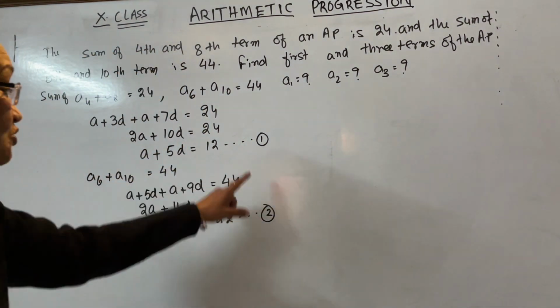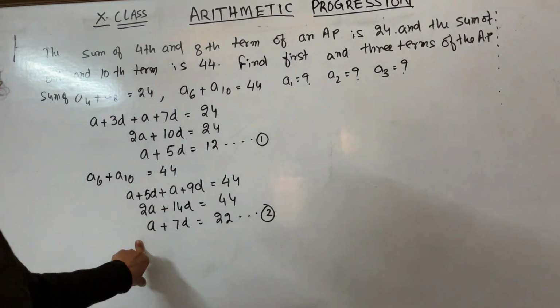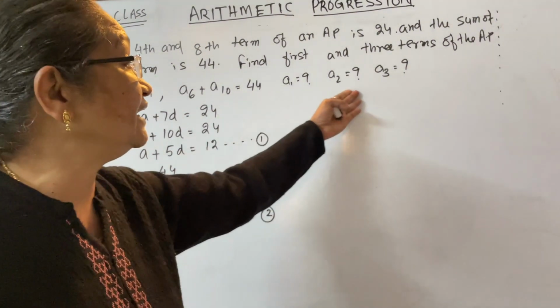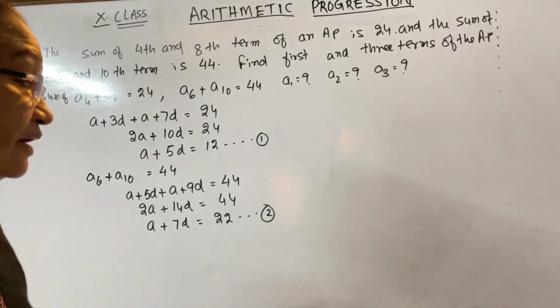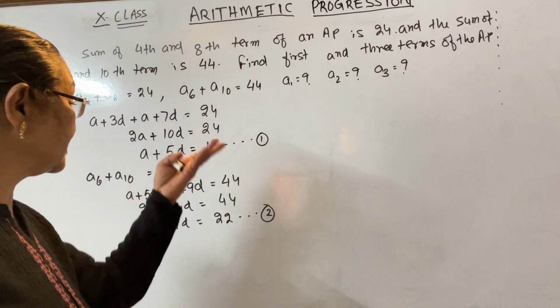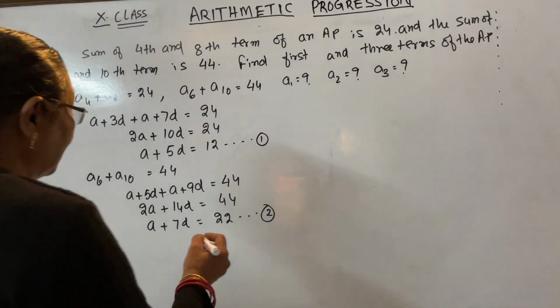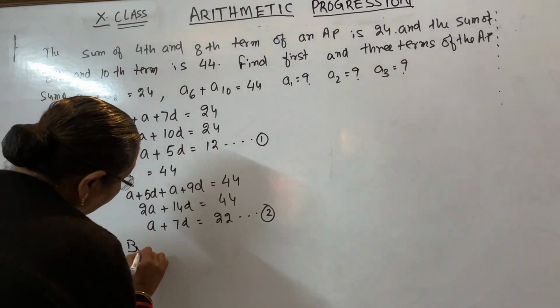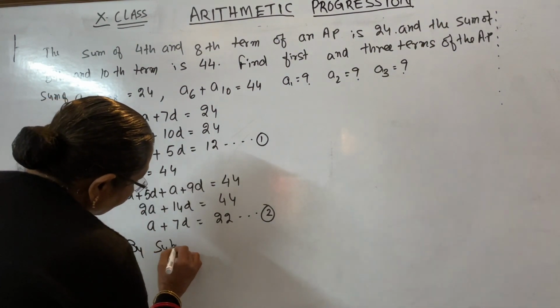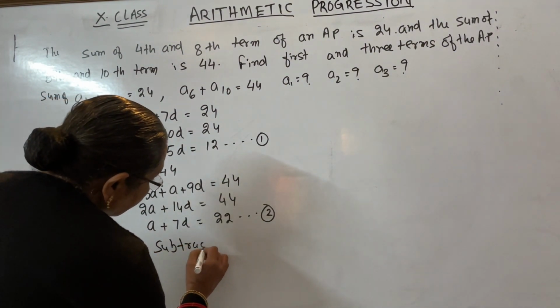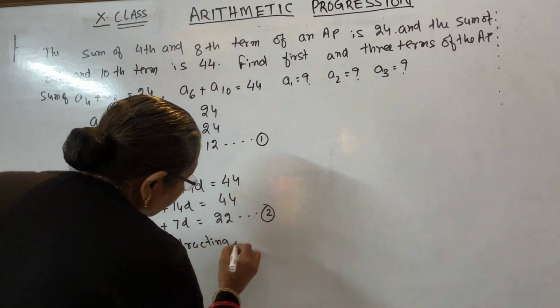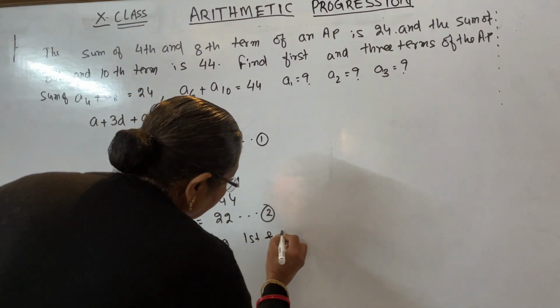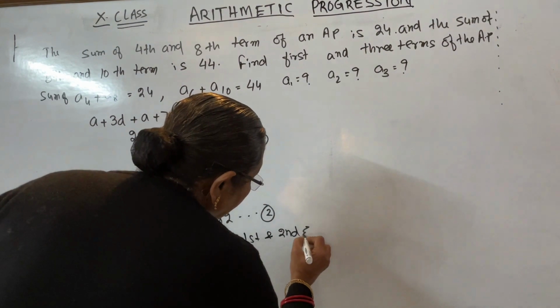From these two equations we can find A and D. Then we can find A2 and A3. If we know the first term A and D we can find the next. So let's take that by subtracting first and second equation.